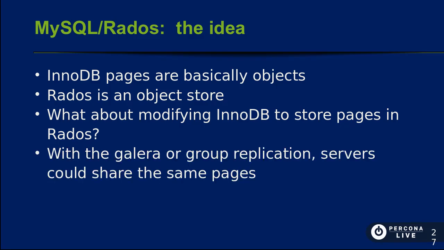With Galera and group replication, we could have slaves that share the same pages that are read-only and receive the updates from the replication stream of Galera or group replication, and either apply the updates in memory or just discard their page and reread from disk. Probably updates in memory would be faster, but essentially we could do that and never write anything to disk, you just read.